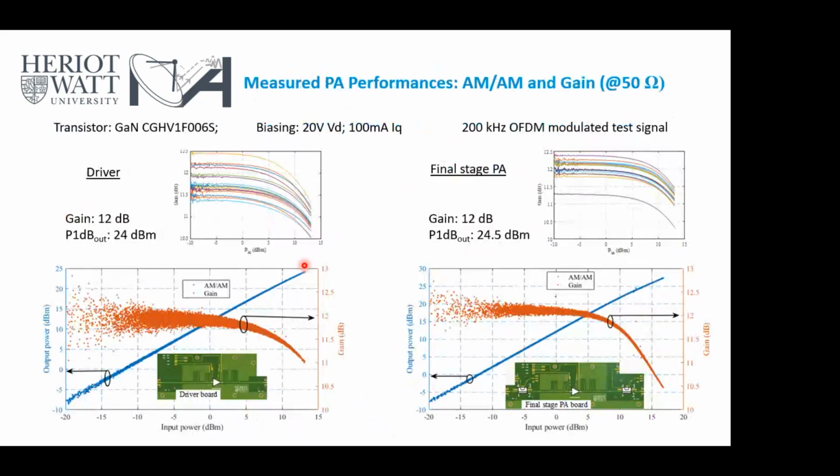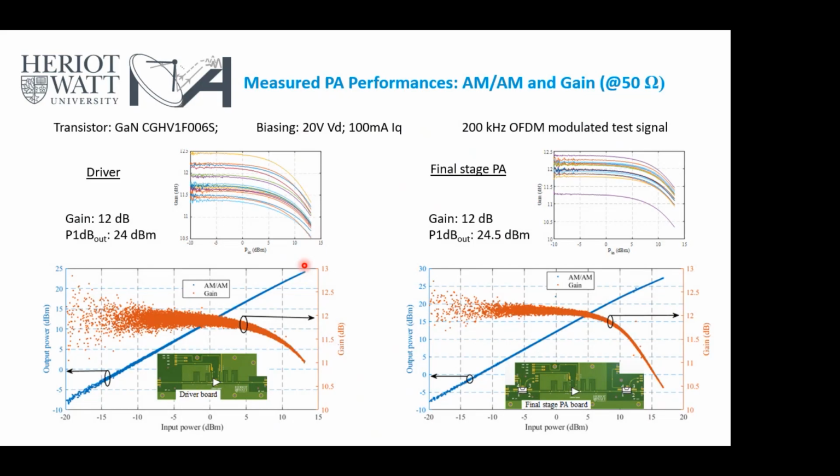And then for the power amplifiers, we injected the signal with a 200 kilohertz OFDM signal, and for bias we use 20 volts, and the current is around 100 milliamperes.